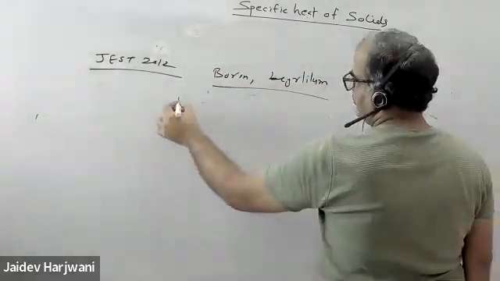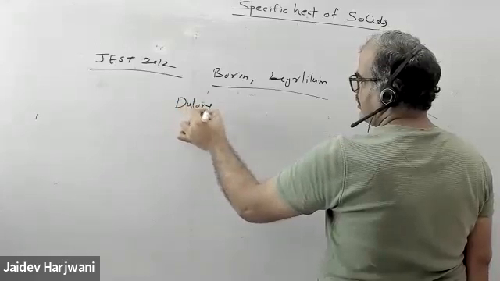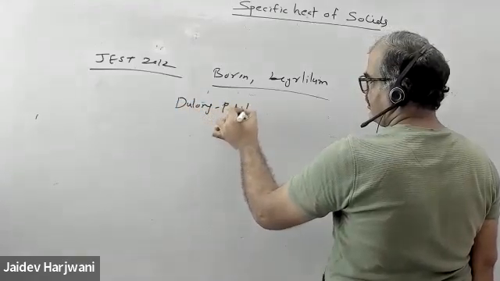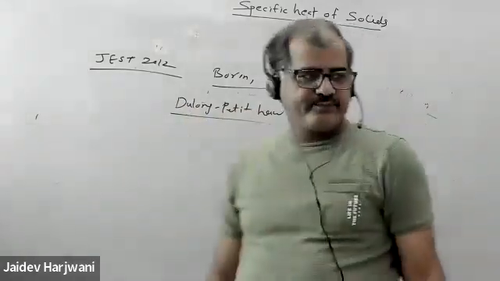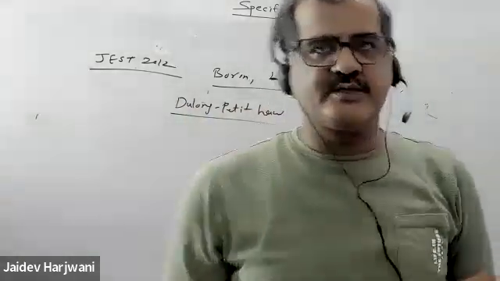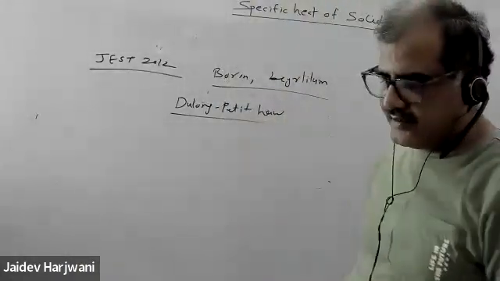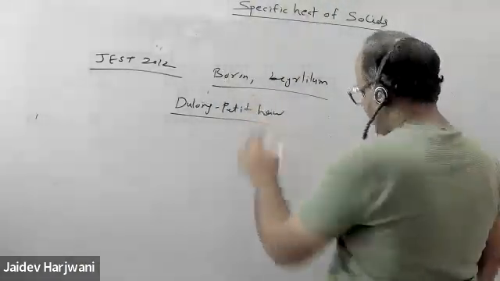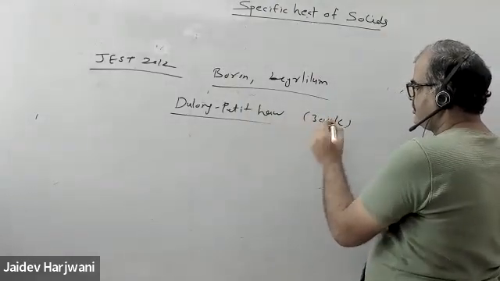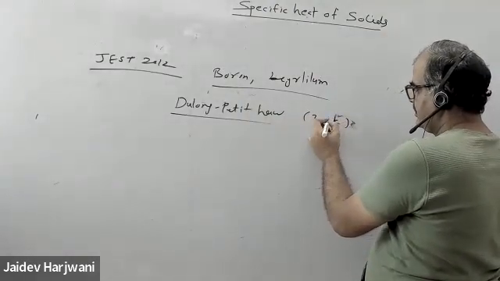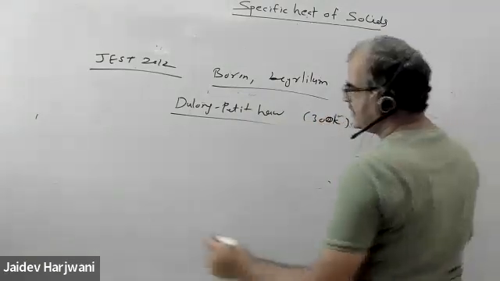Dulong-Petit law. What is Dulong-Petit law? That specific heat is equal to 3R. That does not hold for these atoms at 300 Kelvin. So what is the possible reason?